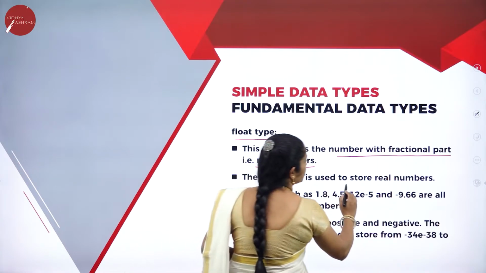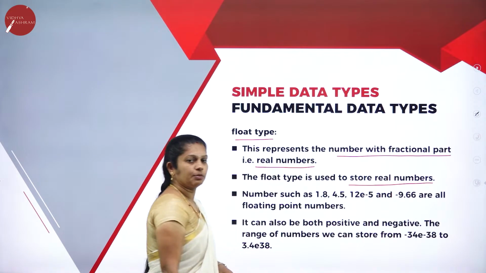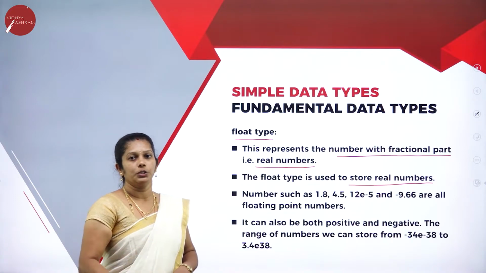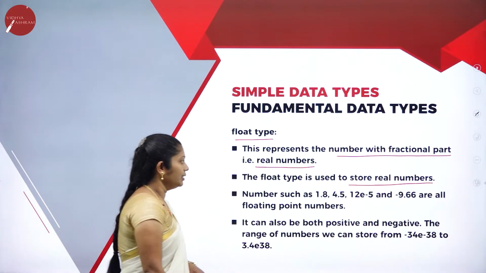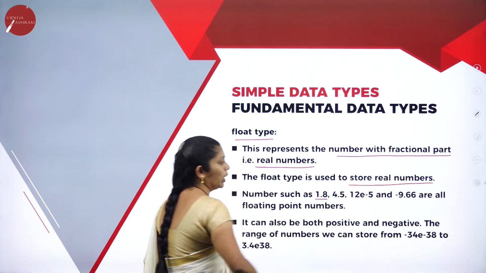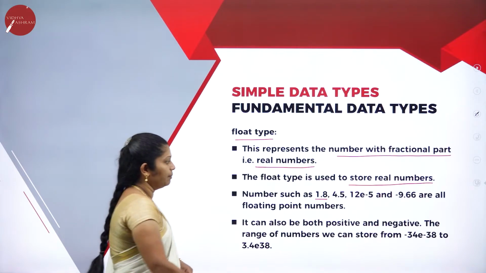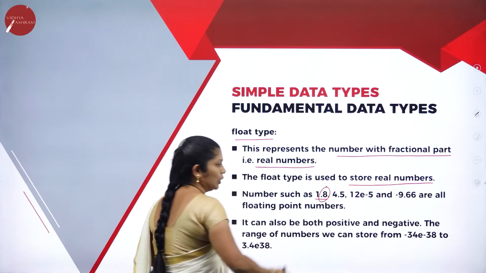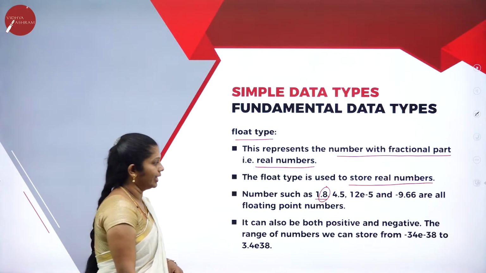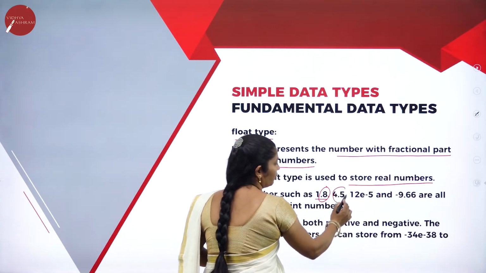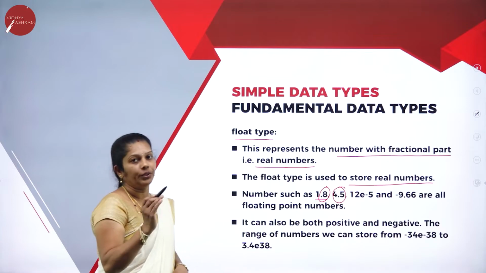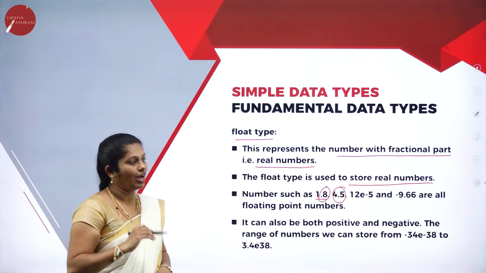Float is used especially to store real numbers. For example, 1.8: after the point we have some value, so that is a float data type. Here 4.5 is also a float data type because after the point we have some values.